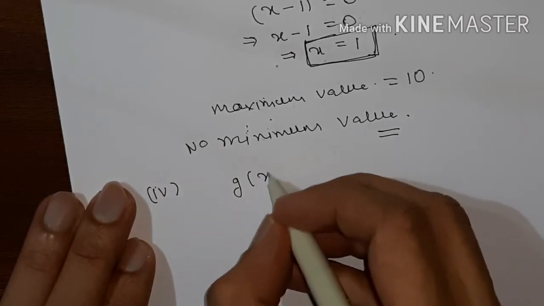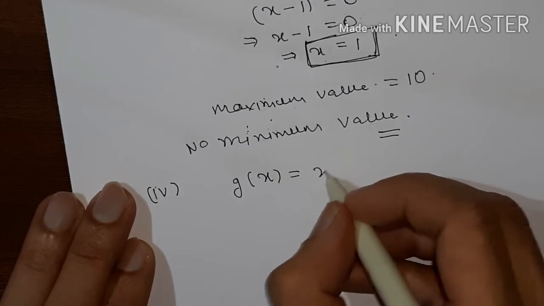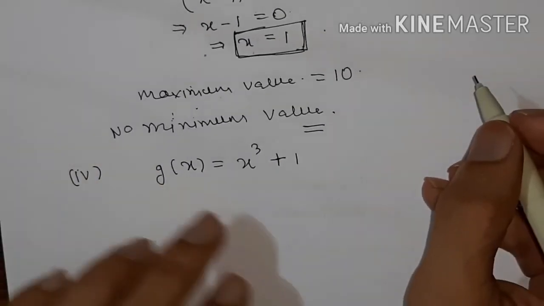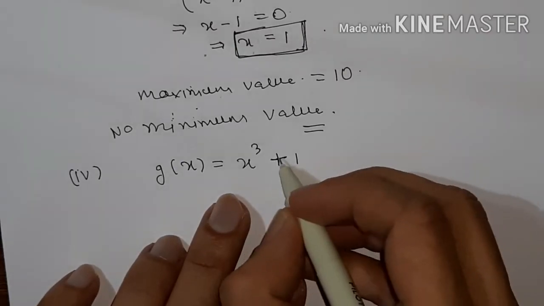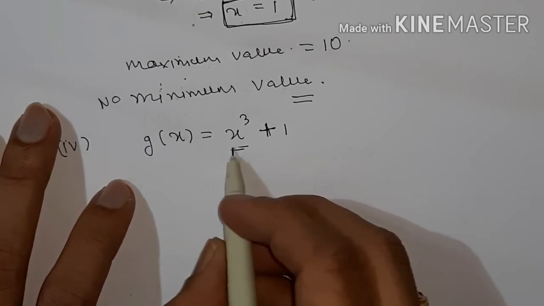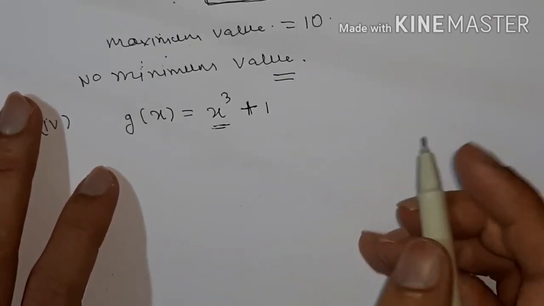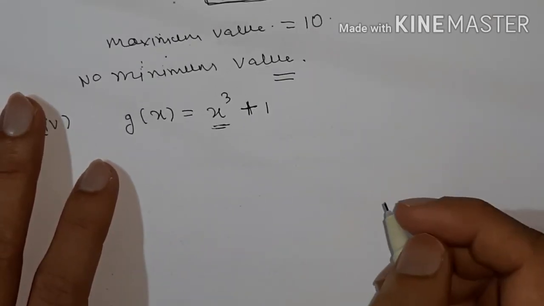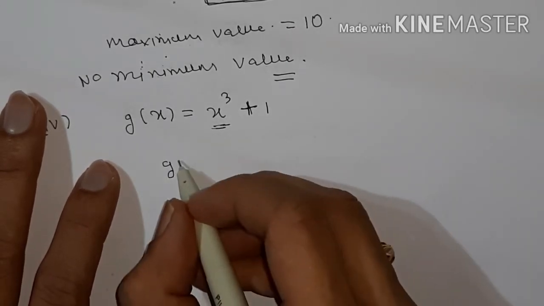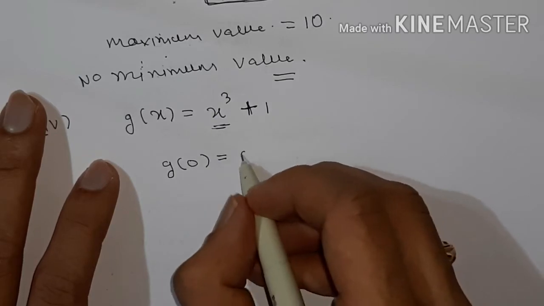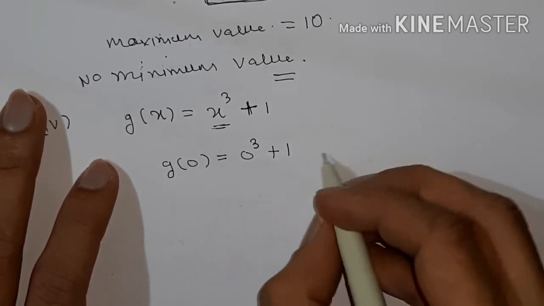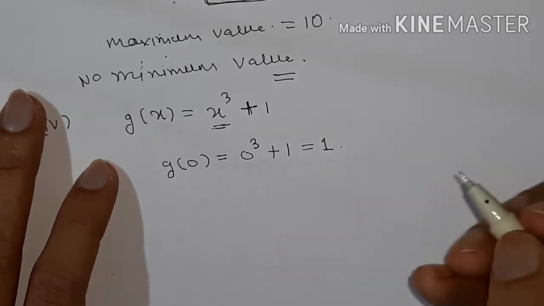So you have g(x) equal to x cube plus 1. Now if you look at any values, for example g of 0, then it is 0 cube plus 1, which is 1.